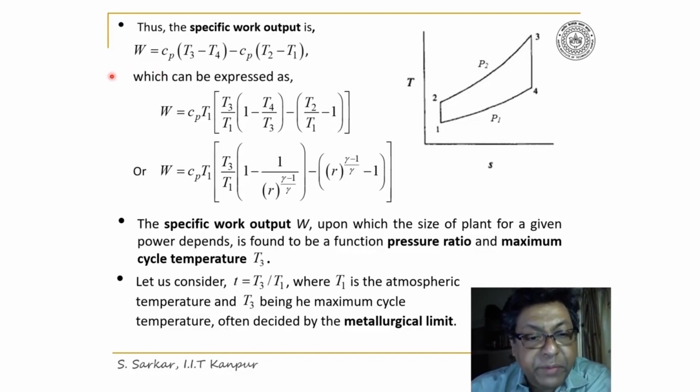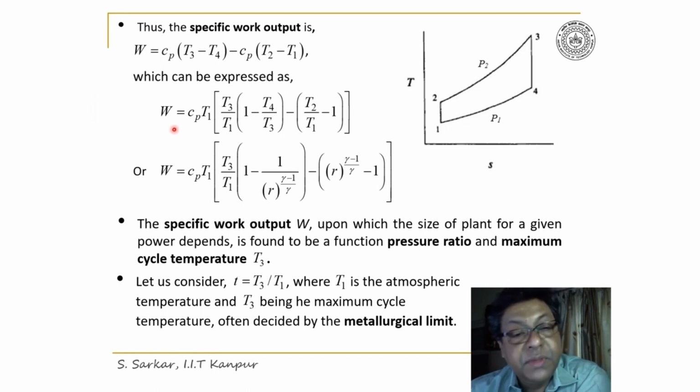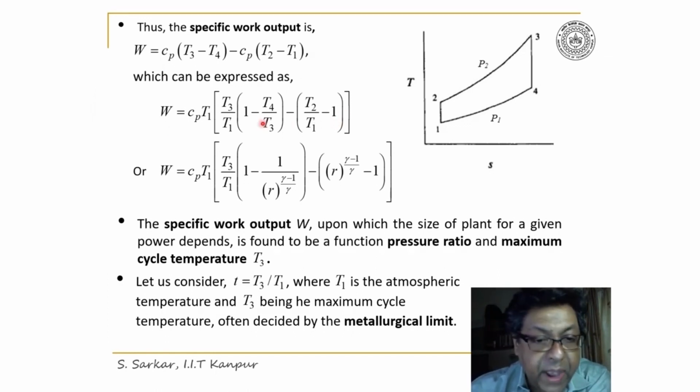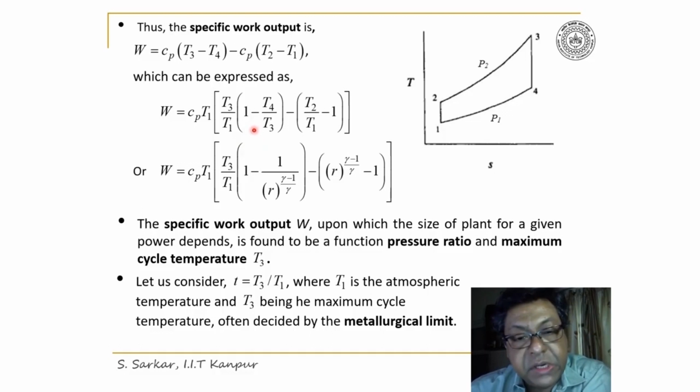Now W can be expressed in the form Cp into T1 within the bracket (T3 by T1), again within the bracket (1 minus T4 by T3), minus within the bracket (T2 by T1 minus 1).